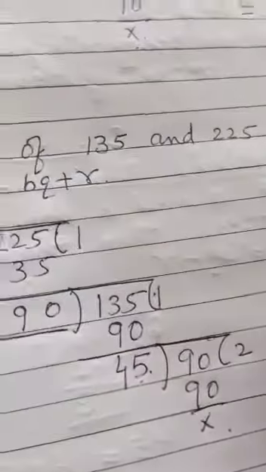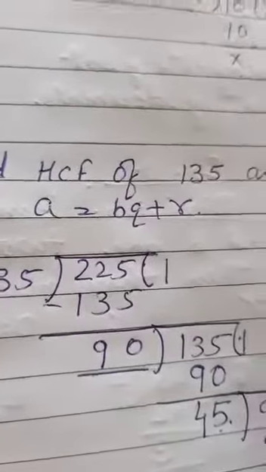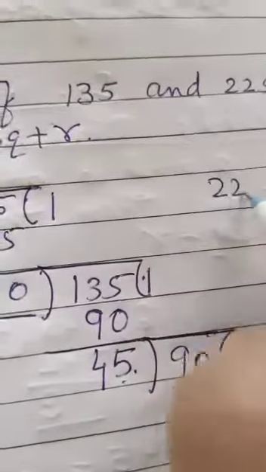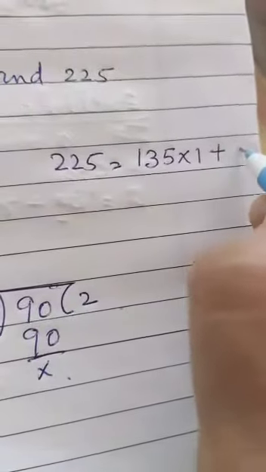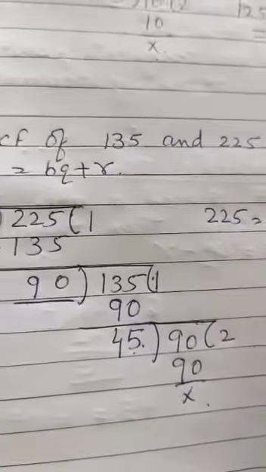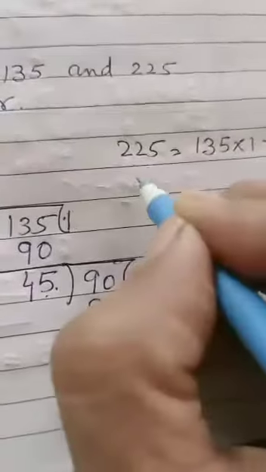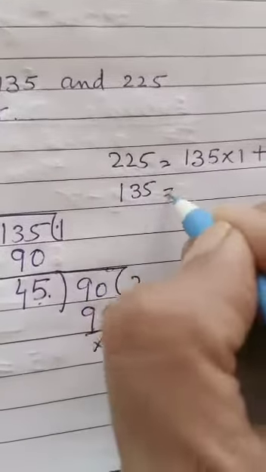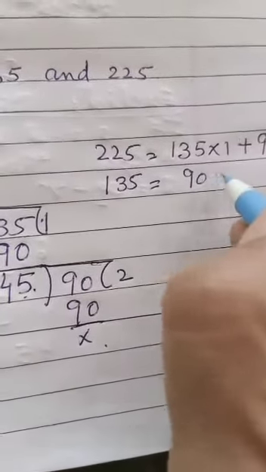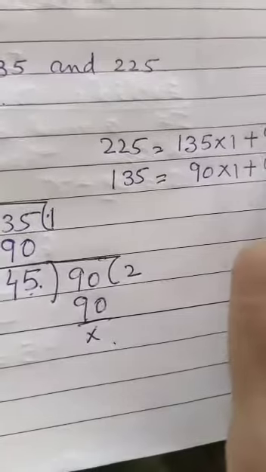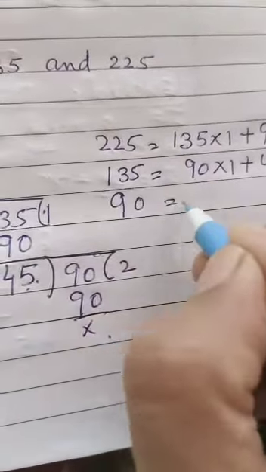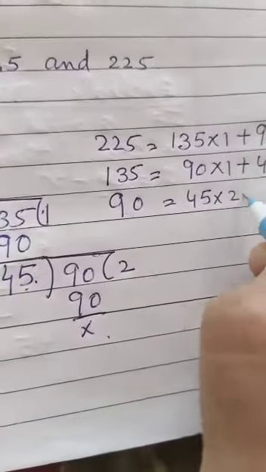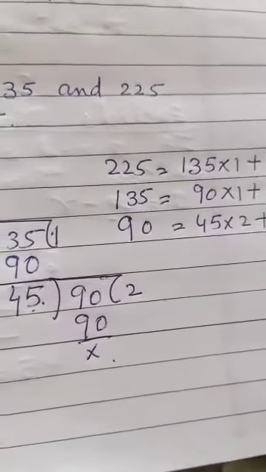So how will we write this in form of A is equals to BQ plus R? 225 is equals to 135 into 1 plus remainder 90. Okay. Then second step will be 135 is equals to 90 into 1 plus 45. And the third step is 90 is equals to 45 into 2 plus remainder 0.